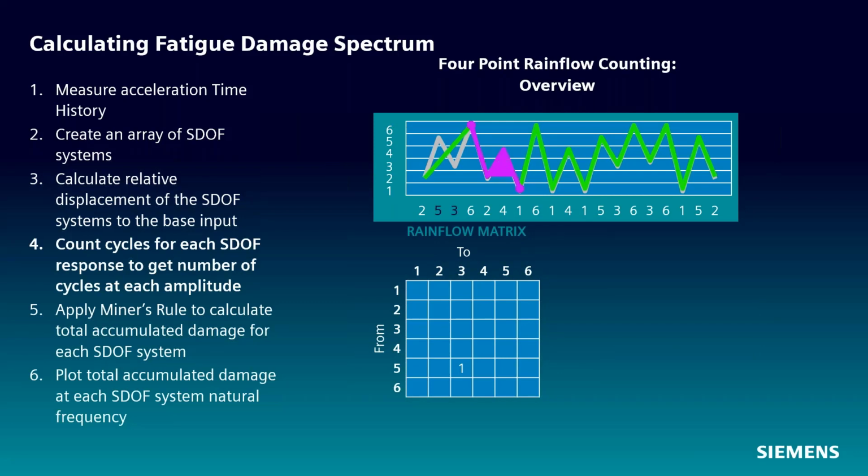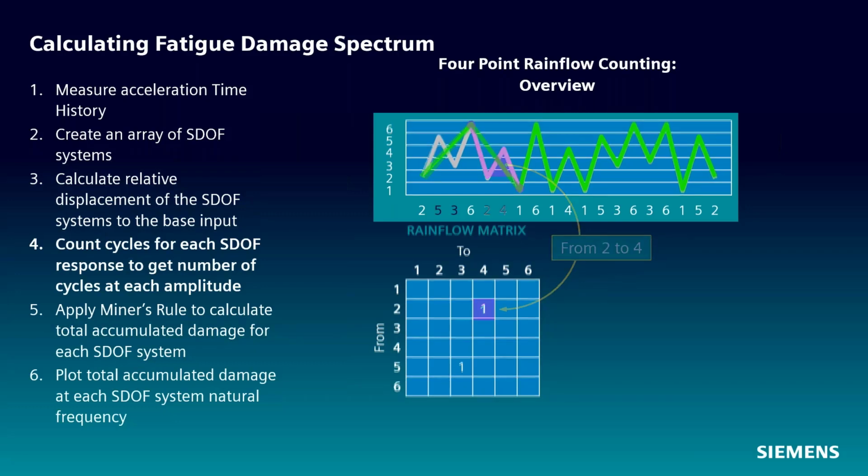So we have a cycle. So that goes into our rain flow matrix. And we keep going along this curve here. Is this a cycle? No. Is this a cycle? Yes. Because our outer 2 points are equal to the inner 2 points. So that passes our test here. So then we record this and remove it and start over again.